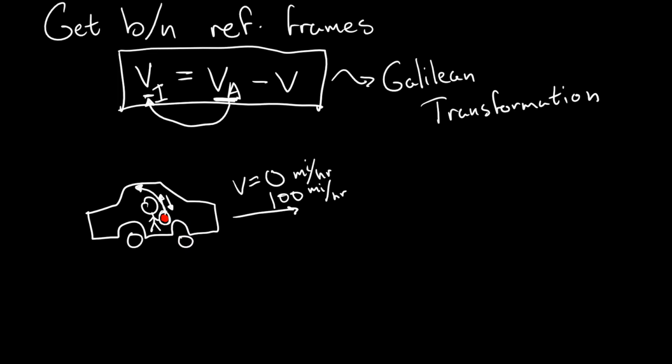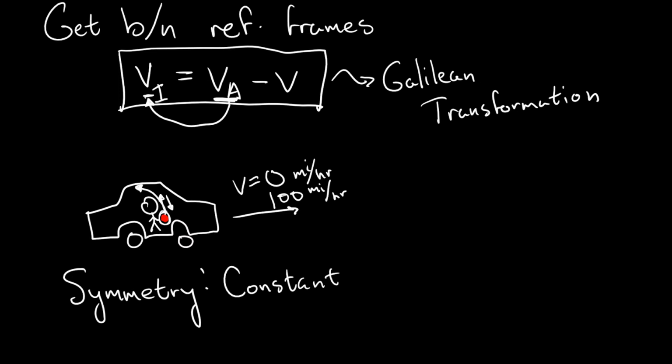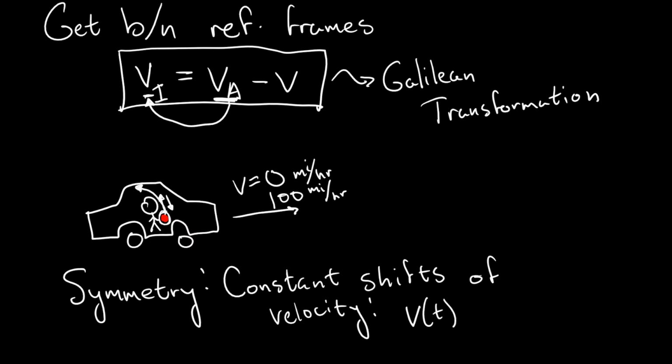So we have our symmetry. Our symmetry that we want all of our laws of physics to be symmetric under is constant shifts of velocity. So if I have some v, and this could be v as a function of time.